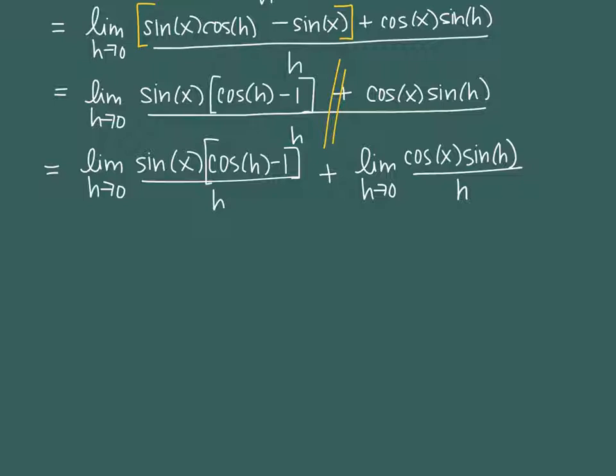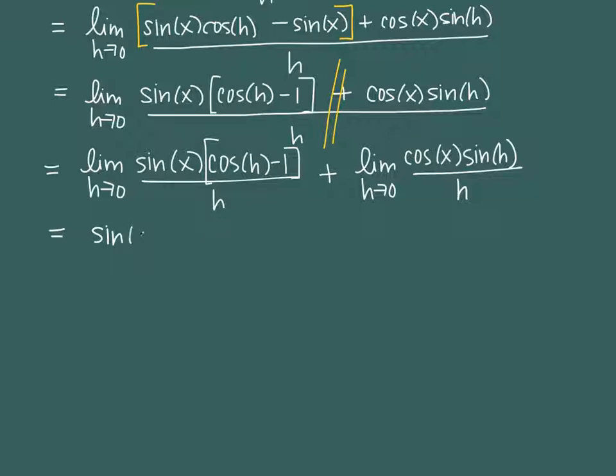Okay, if I had the number 3 or the number 7, what could I do with a constant thing that doesn't have a variable in it? I can move it where, Andrew? Okay, you pull constants out to the front of limits. That was one of the properties of limits we learned in chapter 2.